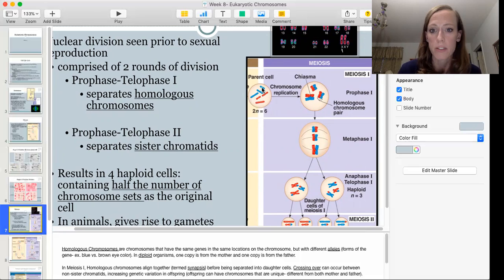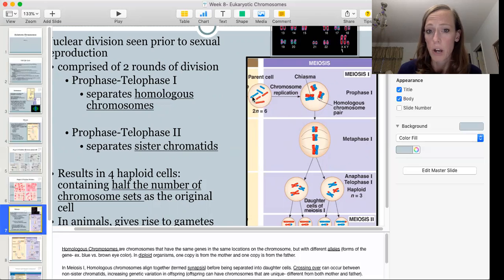So there are 3 different sets of homologous chromosomes. You can see that this one is shorter, and this is its homologue. This one is longer, and this would probably be its homologue. So they all pair up next to each other. They've each been replicated during S phase of interphase. So now you can see that this one red chromosome duplicated its genetic material, so now there are 2 sister chromatids that are both red.